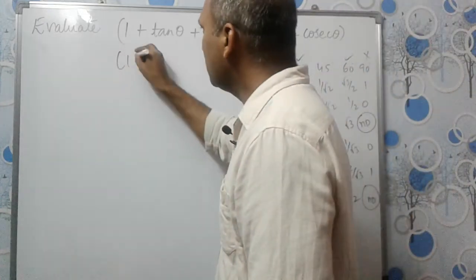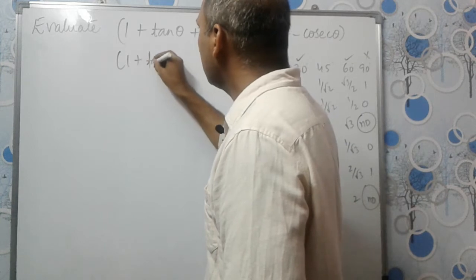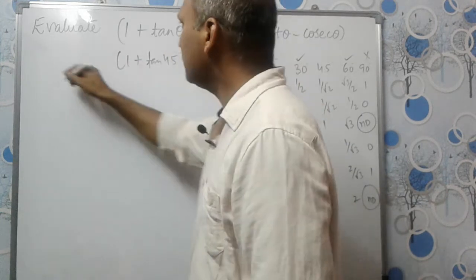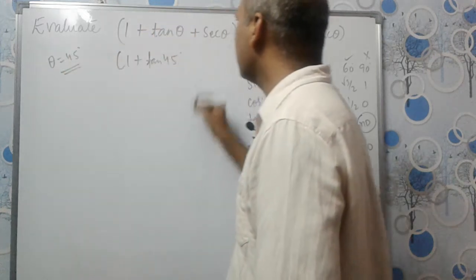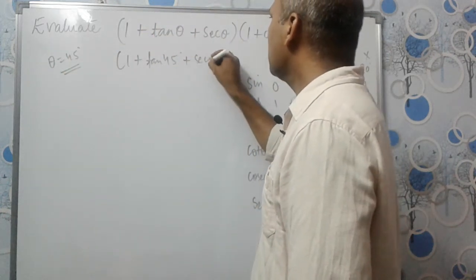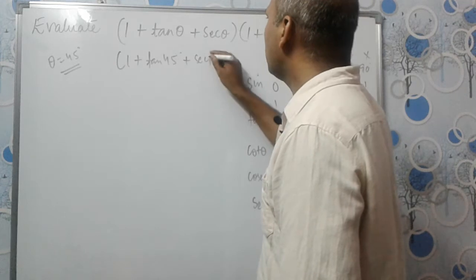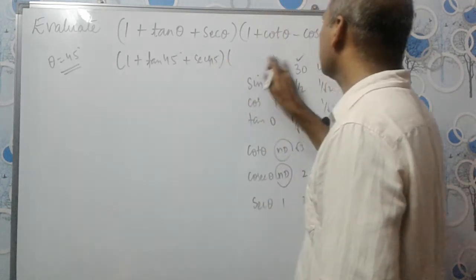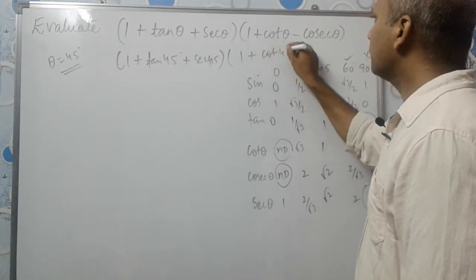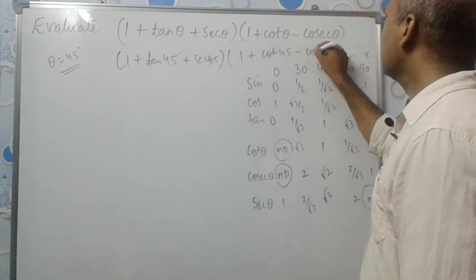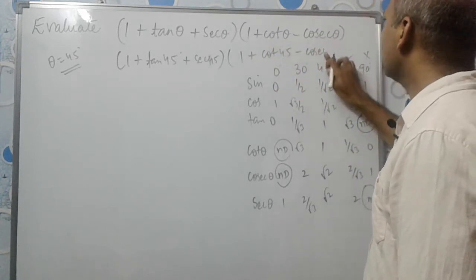Let us do that. 1 plus tan 45. See, we are considering theta is equal to 45, plus secant 45 degrees. And here it will be 1 plus cot 45 minus cosecant 45 degrees.